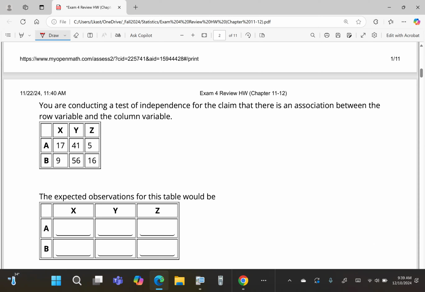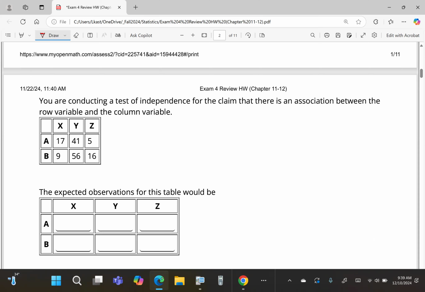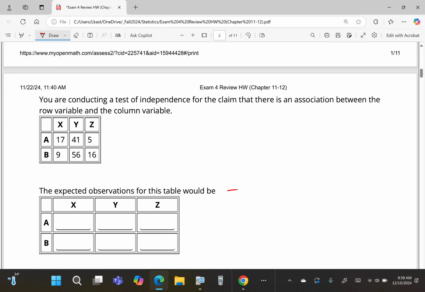What do I need before I can calculate expected? Oh, come on. I need to add up the rows and I need to add up the columns, correct? Can't calculate the expected without row totals and column totals.